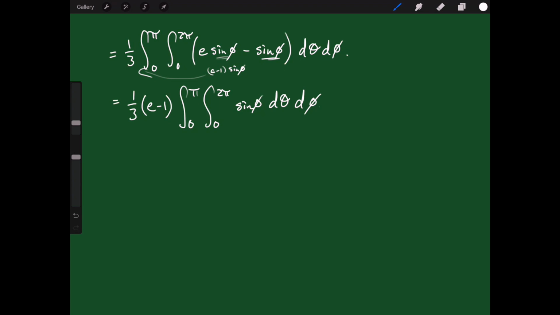Now I'm going to take the antiderivative with respect to theta, not with respect to phi. So the antiderivative of sine of phi is just sine phi times theta.